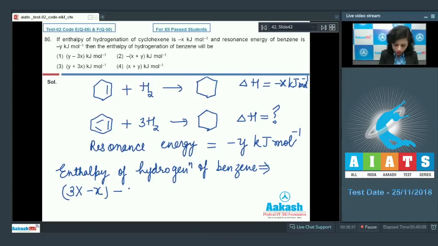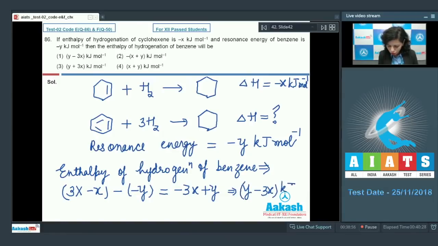So in that case it is minus Y. So it would be minus 3X plus Y, or simply you can write it as Y minus 3X kilojoule per mole. This answer is given in option 1. And that's why the answer for this question is option 1.